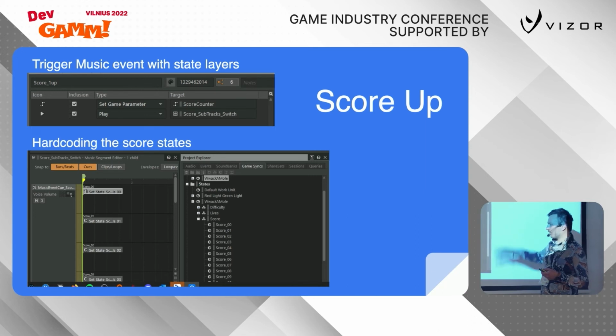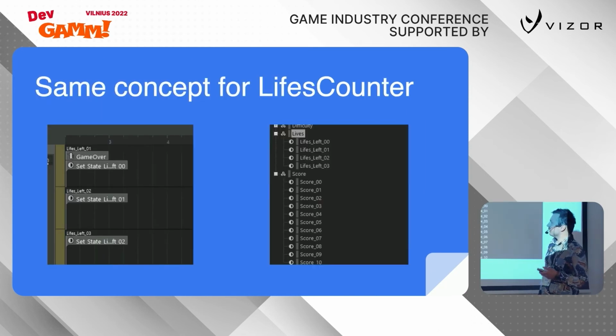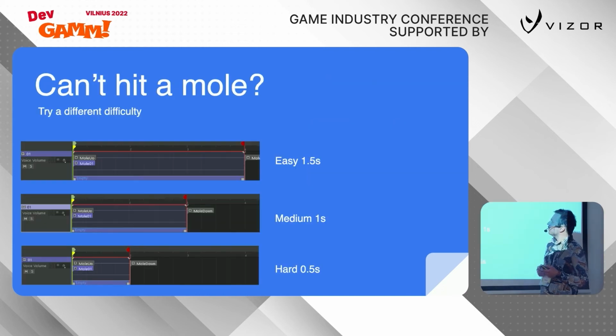That's like 100 points. I had to do that kind of semi-manually. And the same thing goes with the lives. Do you have 3 lives? And when there are 0 lives left, then it's game over. So that's basically the game here.